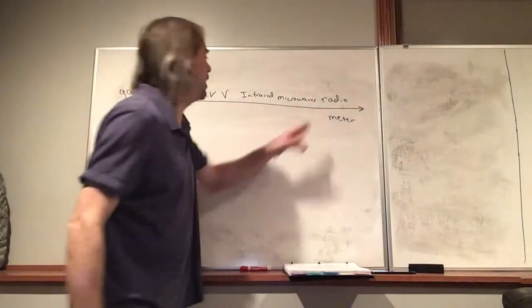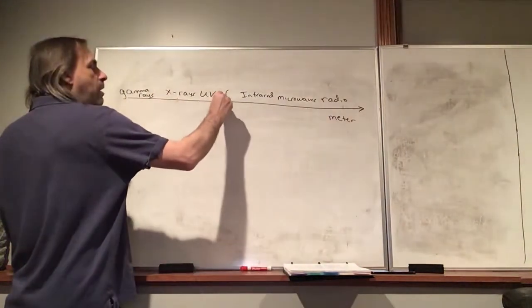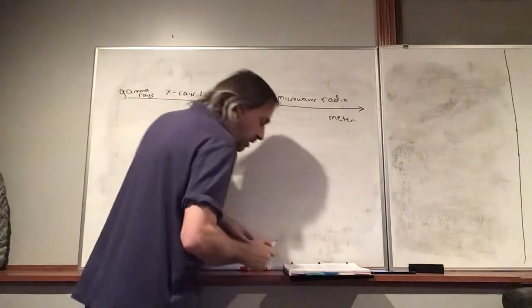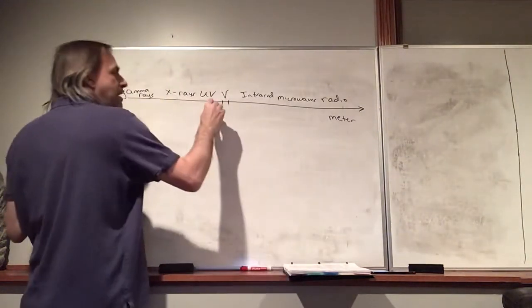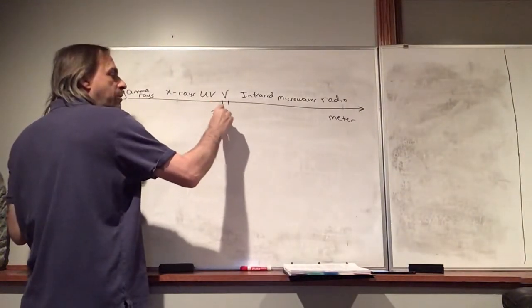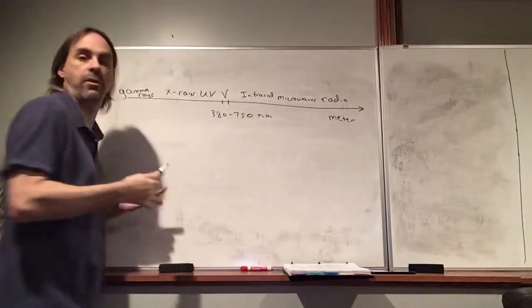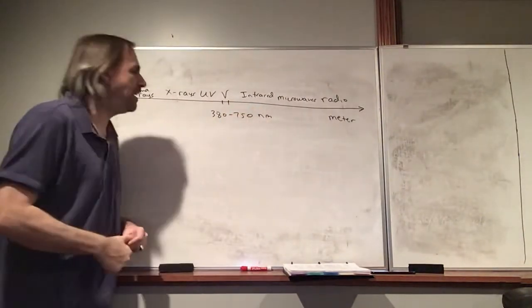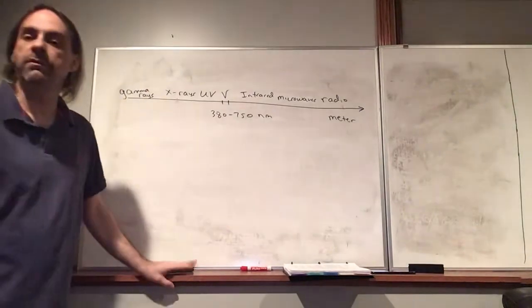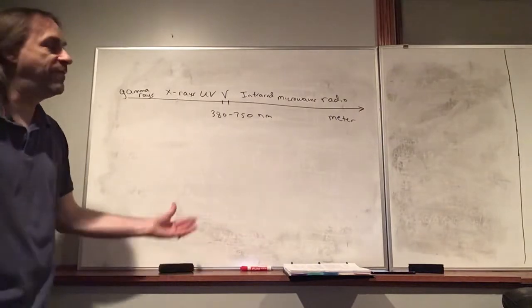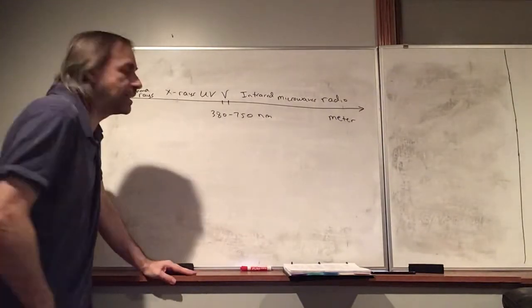Over here we have radio waves. Over here we're looking at the visible spectrum. Again, these numbers are a little bit questionable because different people see different things, but it's around 380 to 750 nanometers. That is visible light, that's what our eyes can see.